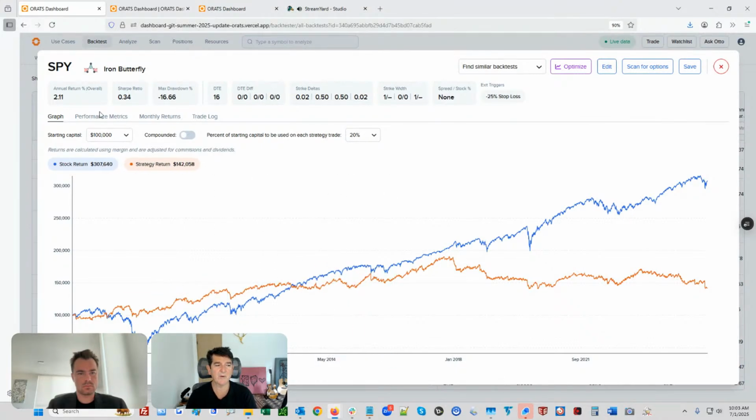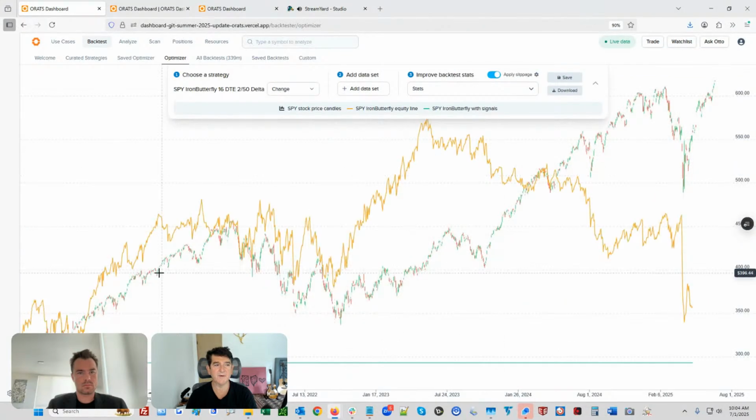So what we do is we get this backtest, and then we click optimize, a new button that we've put in here. And this is our new beta version of the backtester. We're looking for beta testers now, and we want to make this clear, easy to use, and valuable for people.